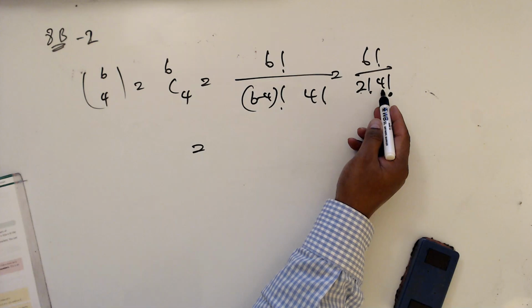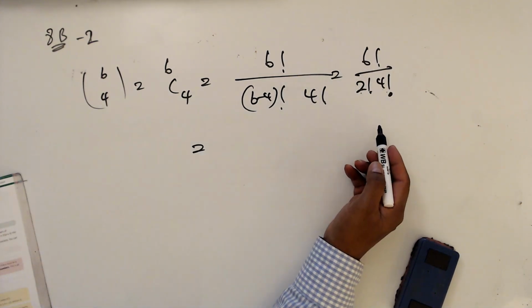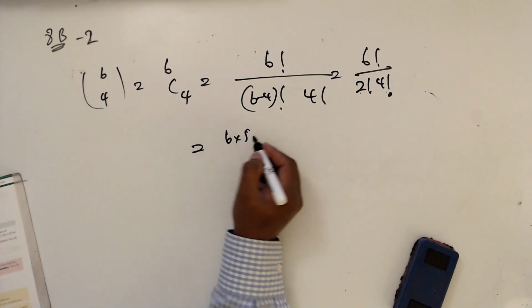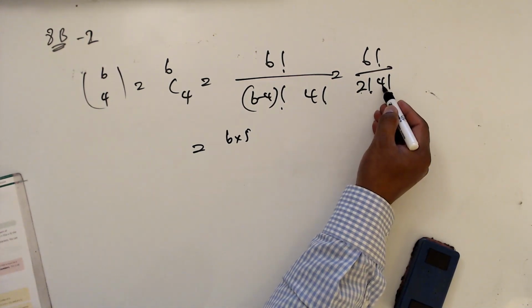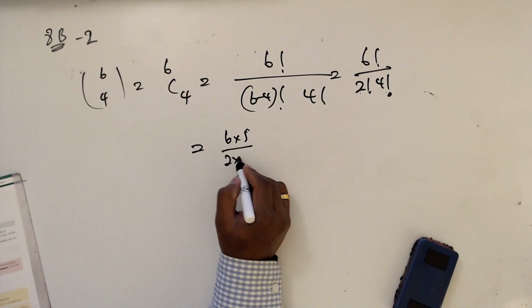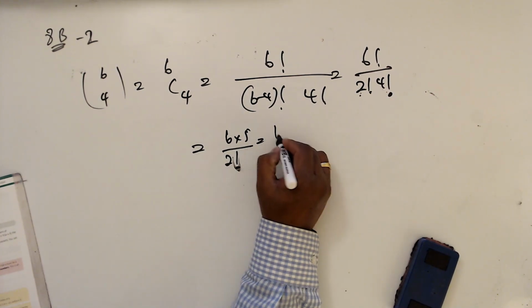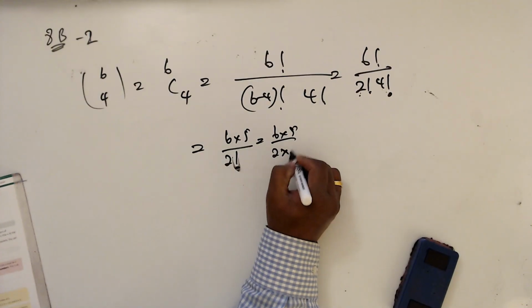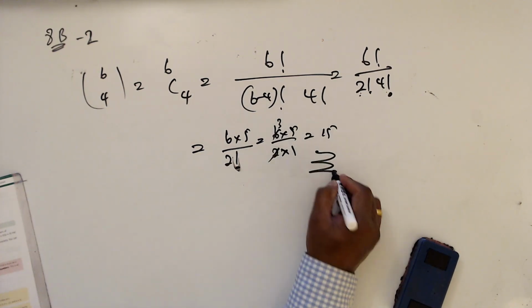So this is 2 and 4. Work with 4 in the numerator. So 6 times 5 times 4, 3, 2, 1 cancels out with this one, 4, 3, 2, 1. And divide by factorial 2. It means 6 times 5 over 2 times 1. Answer is 15.